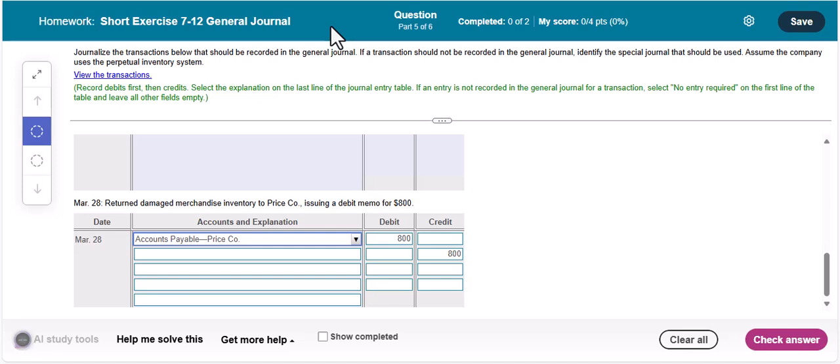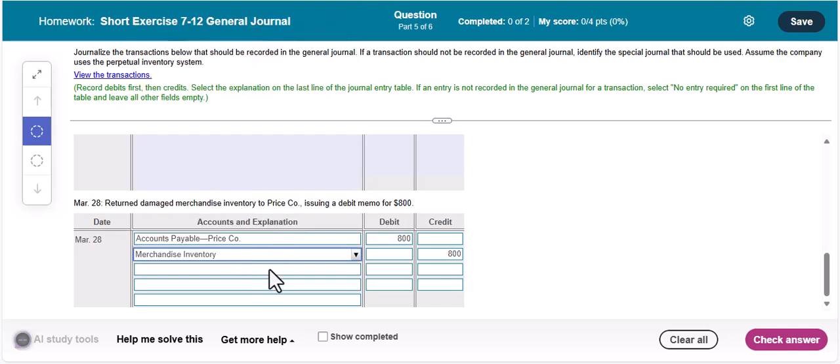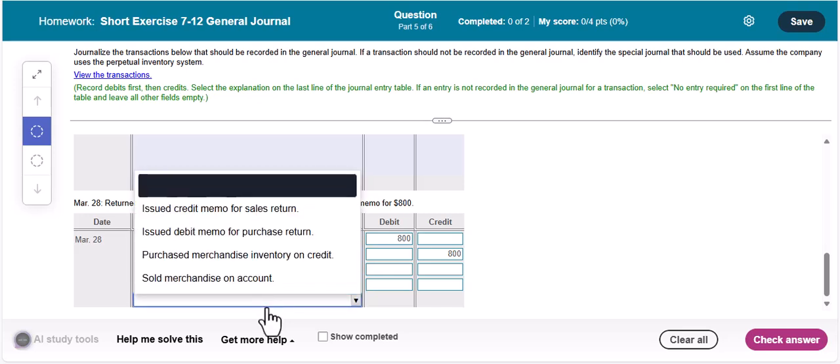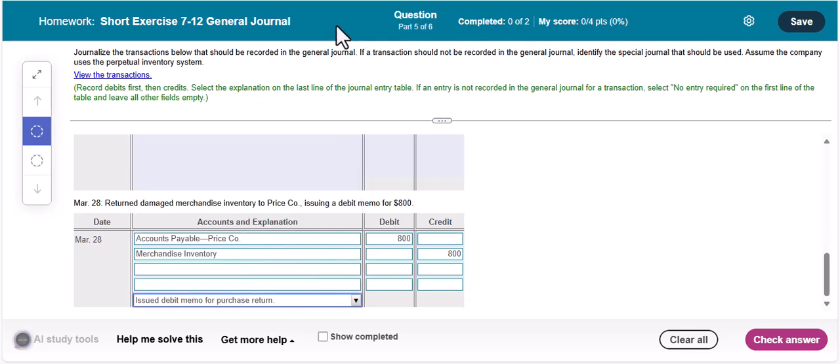Our inventory is going down. So that will be our credit account, merchandise inventory. And then we have to have an explanation, and that is we issued a debit memo for purchase return. So let's go ahead and check our answer. Good job.